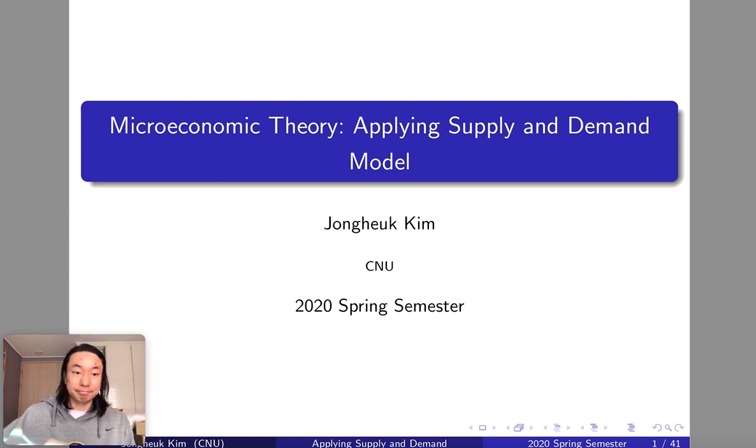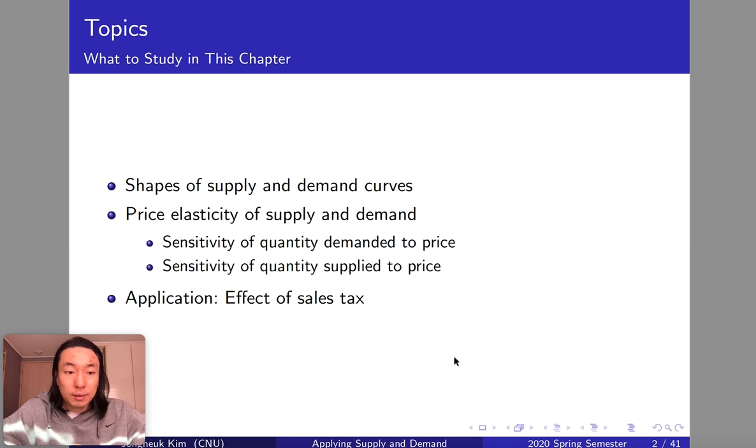Okay, because it has a lot of meaning and merit for understanding many parts of our world. The sensitivity of the supply and demand curve is expressed by the shape of those curves.